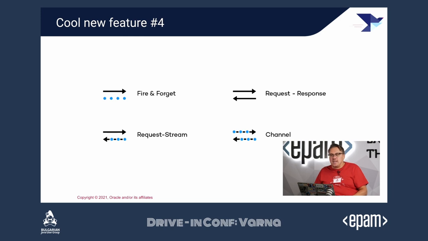And its frames can be of different kinds. The interactions are of four kinds. You can fire and forget, you can do request-response, you can request a stream, or you can create a channel. Both sides of a channel work together in one connection, so we can stream data one way and get streamed data the other way.